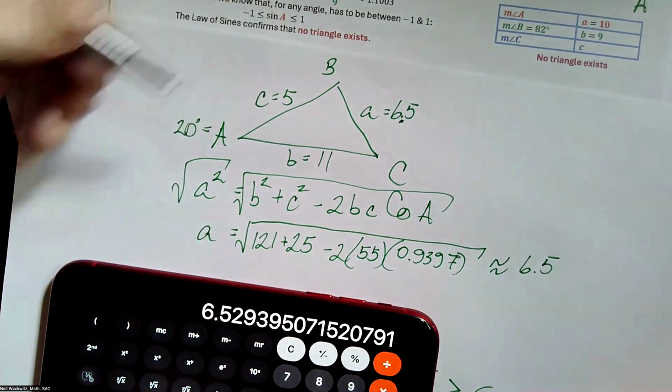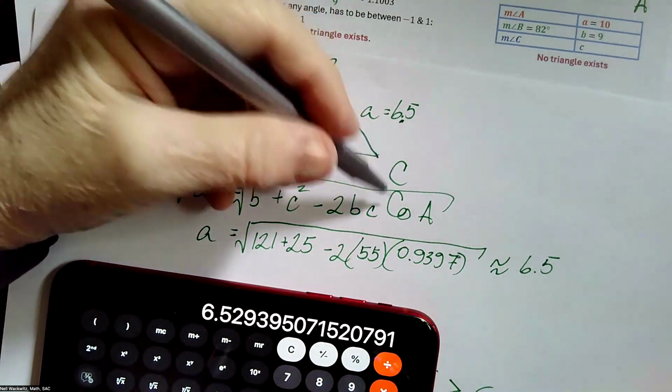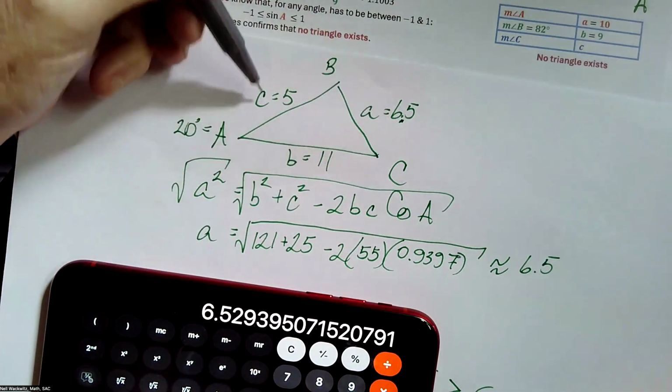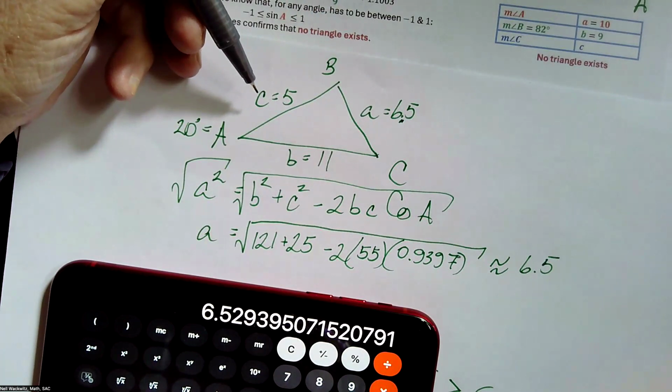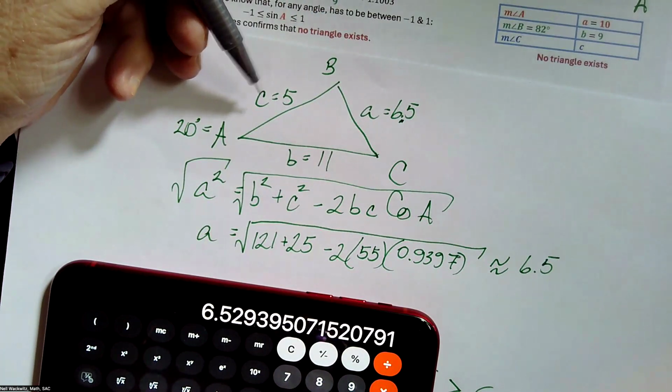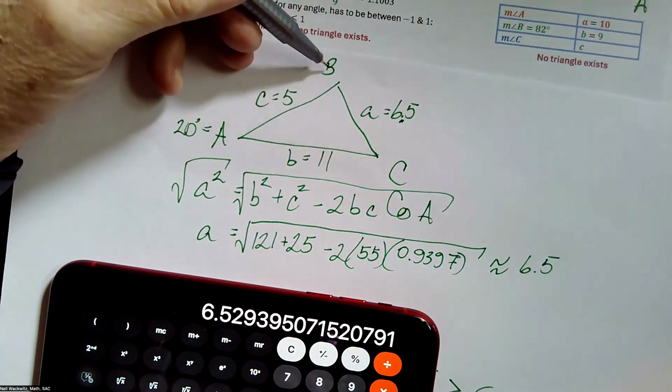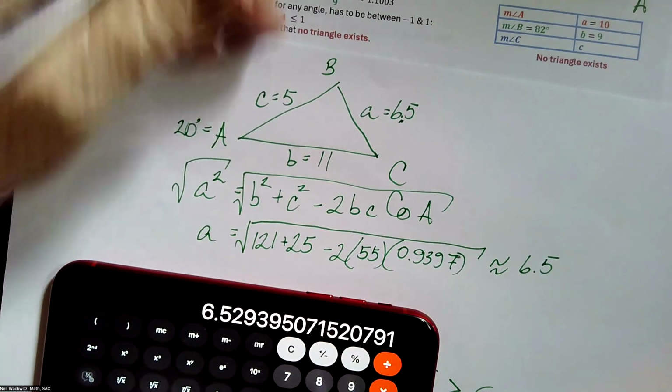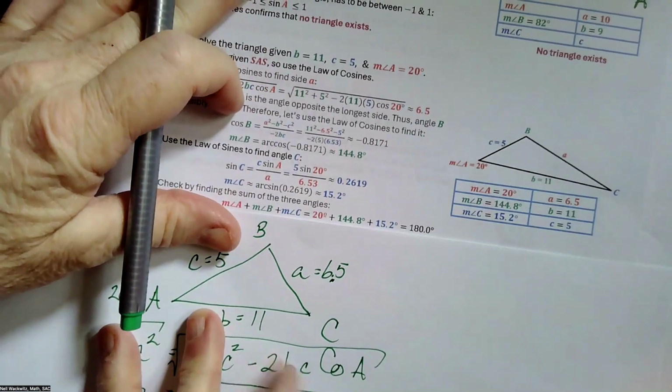Yeah, 6.5. So angle C has to be smaller than that since its side opposite is smaller than 6.5. And then angle B will have to be quite large. Doesn't make sense to me. So let's see. Yeah, that's what I got. Okay.